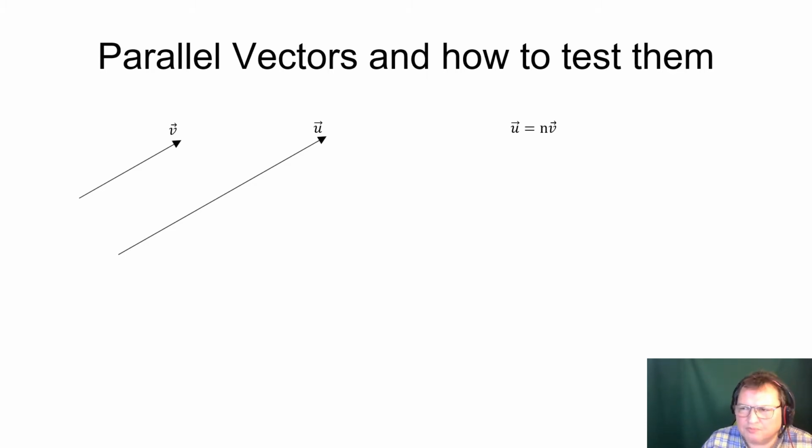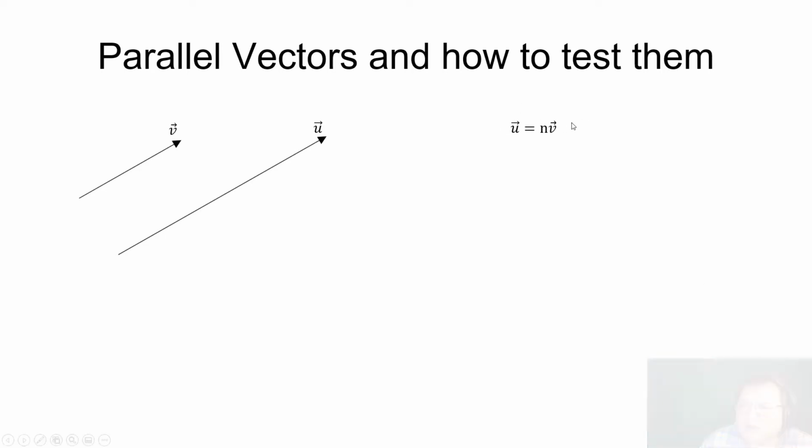Certainly it has to. So if the vector u is the vector v multiplied by n, then each of the coordinates xu and yu must be multiples of xv and yv respectively.